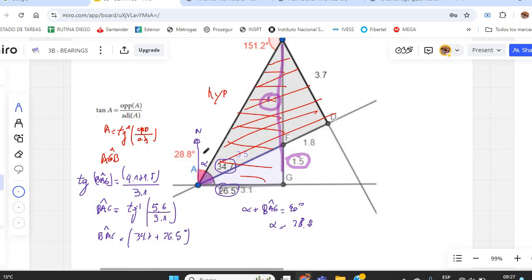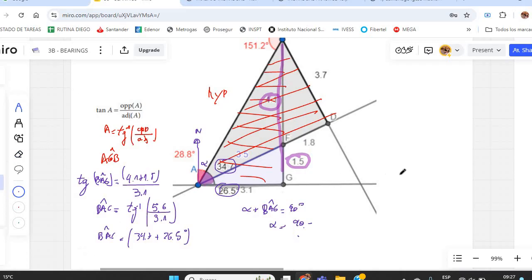Now this angle should be 90 degrees minus this sum.